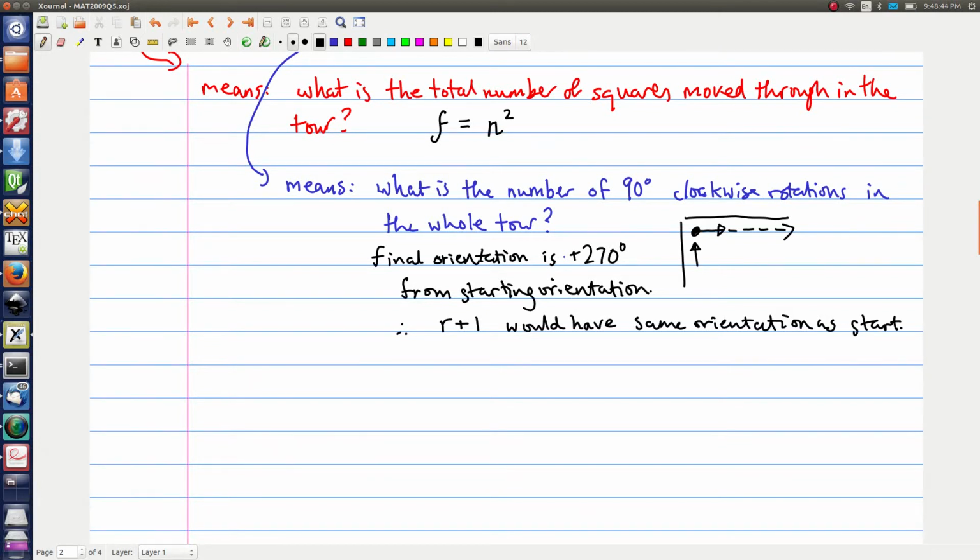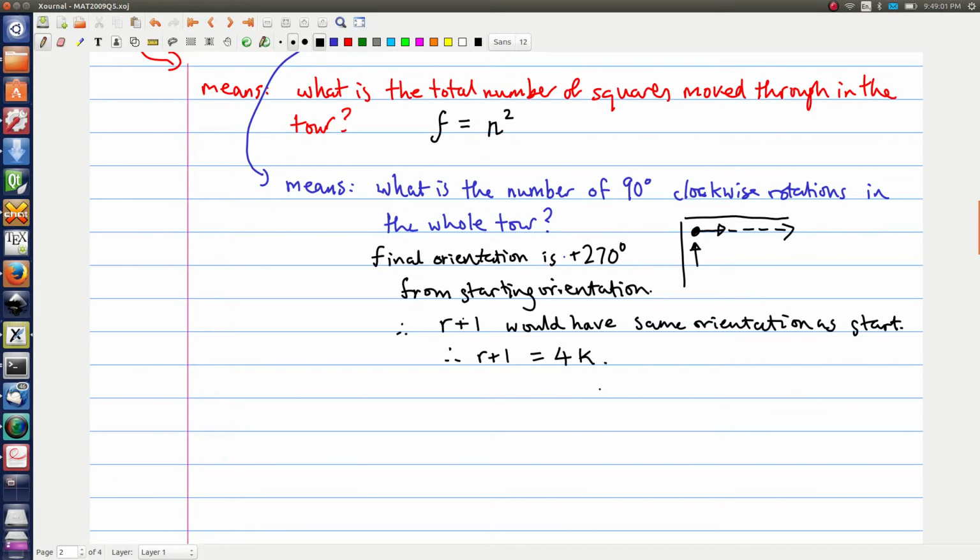So finally we get the required result that R plus 1 is a multiple of 4. Let's just say 4k, where k is an integer. So R plus 1 is divisible by 4.